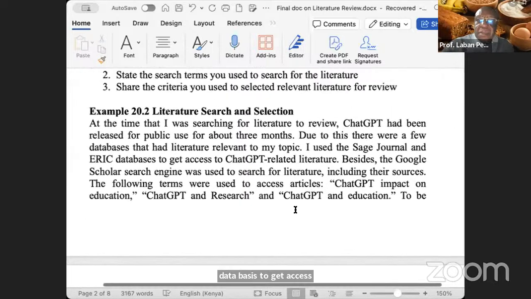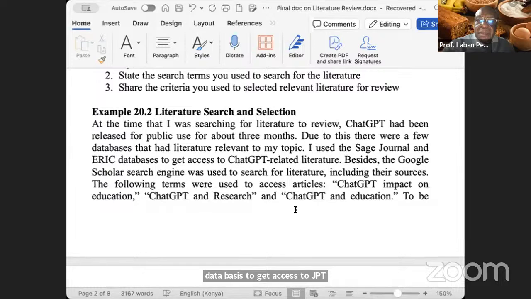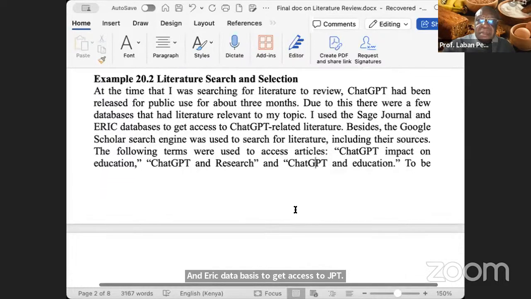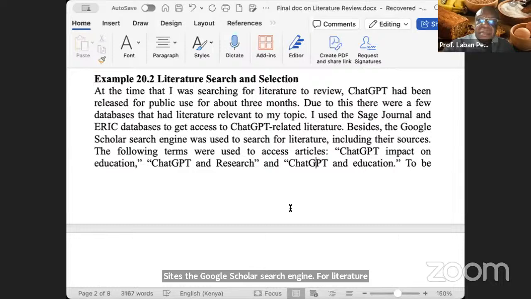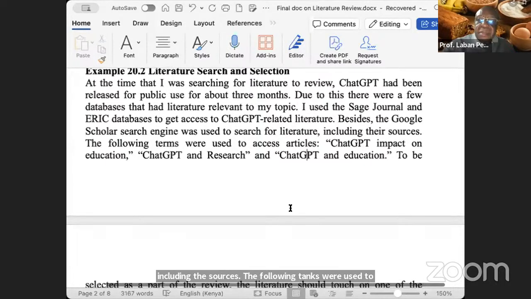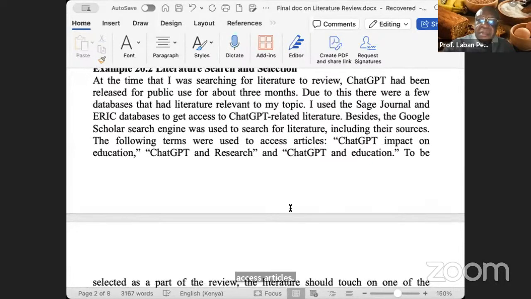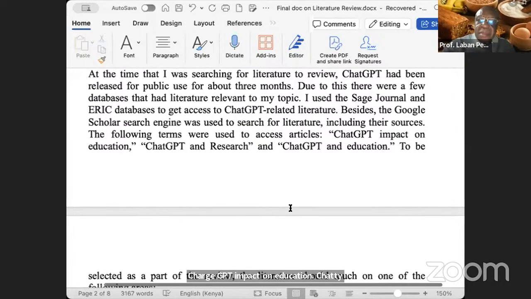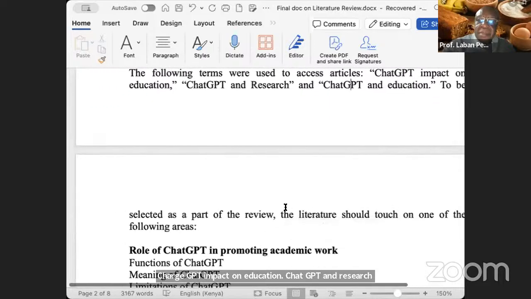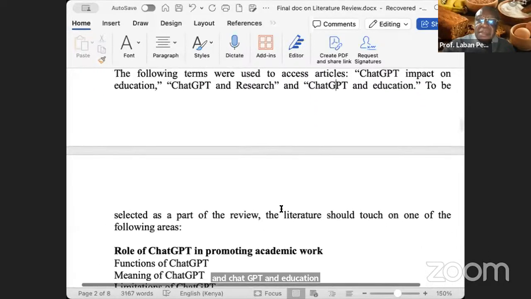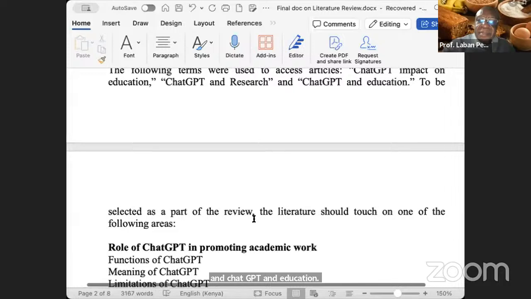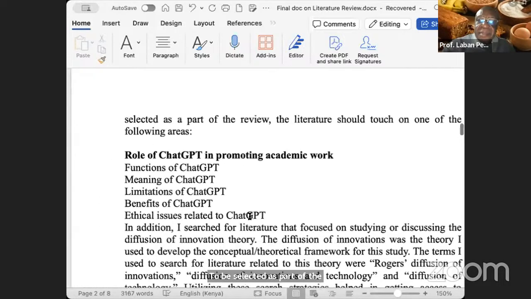Besides, the Google Scholar search engine for literature, including their sources. The following terms were used to access articles: ChatGPT, impact on education, ChatGPT and research, and ChatGPT and education. To be selected as part of the review, the literature should touch on one of the following areas.